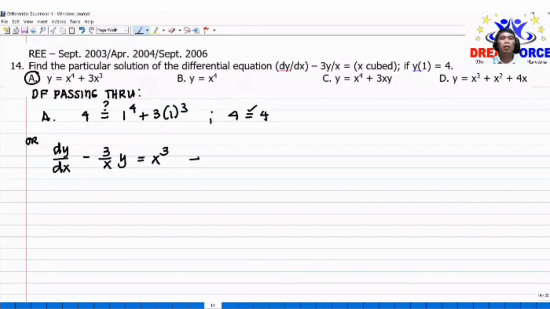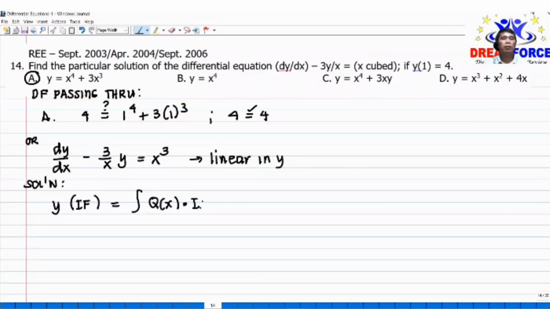So this is already a linear equation, linear in y, wherein the solution will be equal to y times the integrating factor is equal to the integral of Q as a function of x times the integrating factor with respect to x plus c. Okay, so that is the solution.